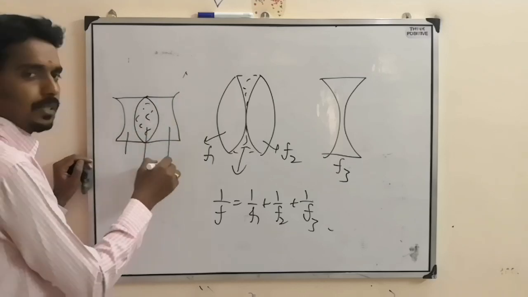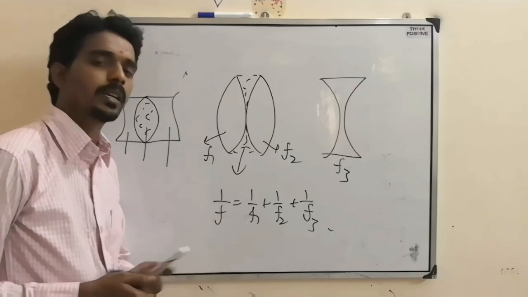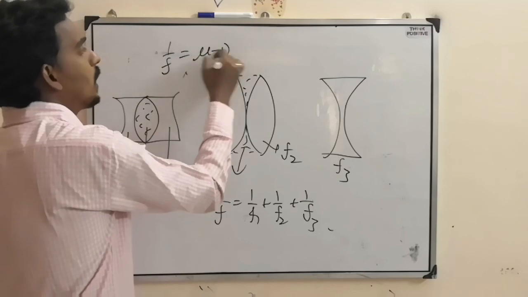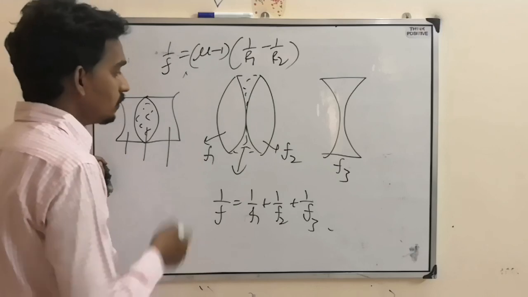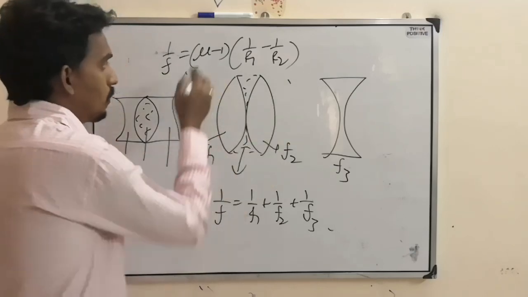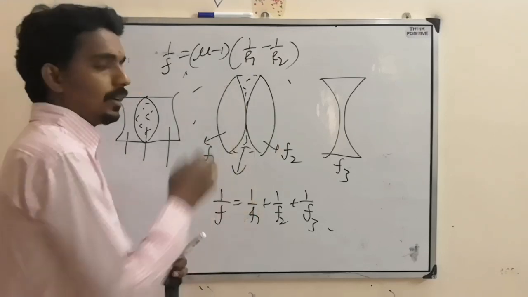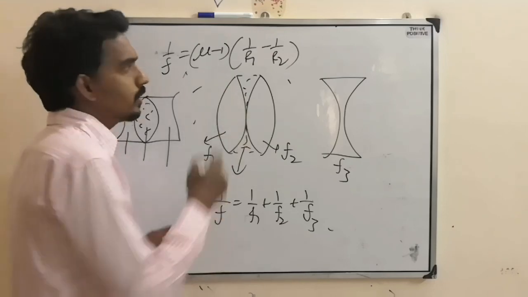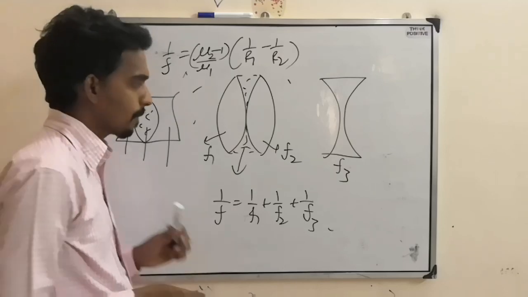So F1, F2, F3, then the resultant will become 1 by F1 plus 1 by F2 plus 1 by F3, where 1 by F for any lens is (mu minus 1) into (1 by R1 minus 1 by R2), if the other medium is air, because mu1 I took as 1, which means the other medium is air. 99% of the time they will give the air medium only. If they mention another medium, then you take mu2 by mu1 depending upon the question.